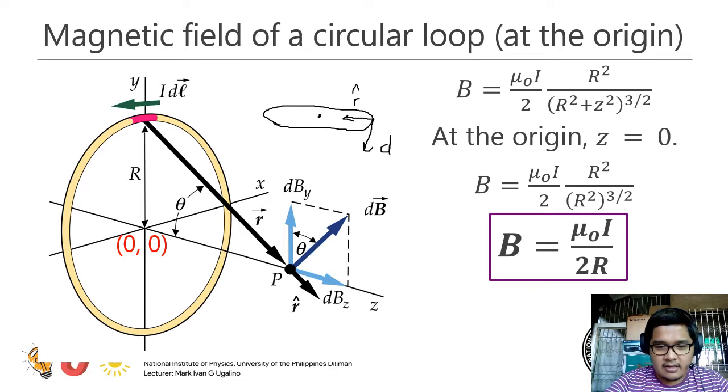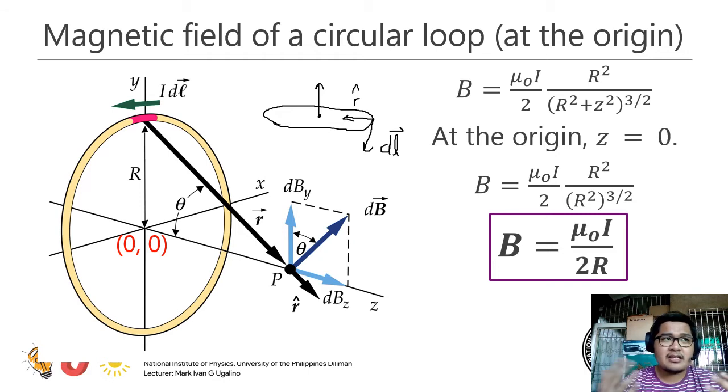This is your dl. If you do your dl cross r hat, somewhere here, the field is actually pointing upwards. And if you do that for several other dl's along this loop, what you get is a net upward magnetic field.